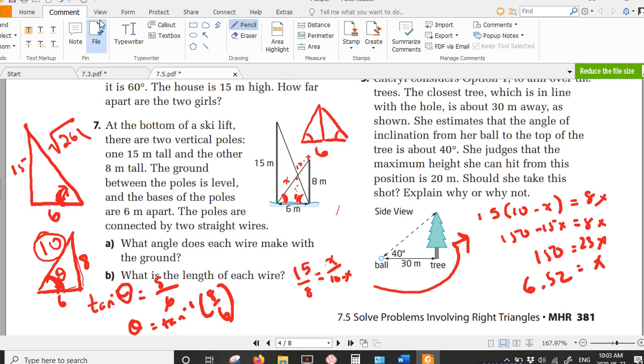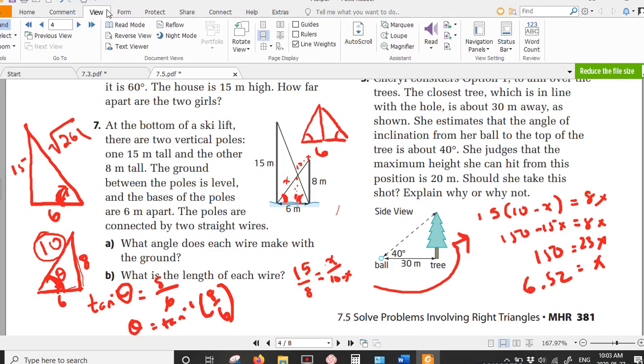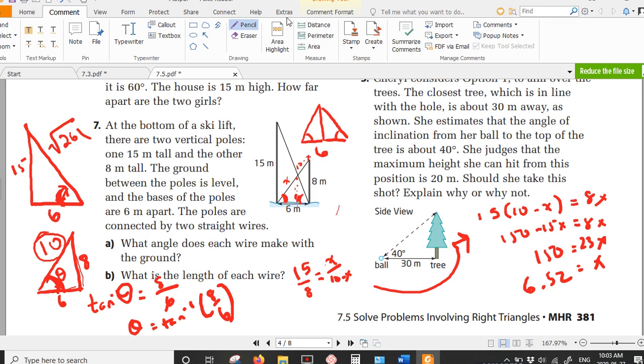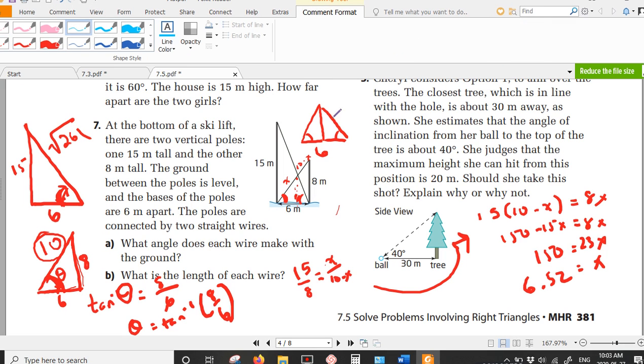Anyway, so once you find those two angles, this is the tricky part. Our job is to find this height, right? Now, this is the tricky part. Although we have these two angles, so if I look in here, all I know is that this is 6 meters, and I know these two angles.